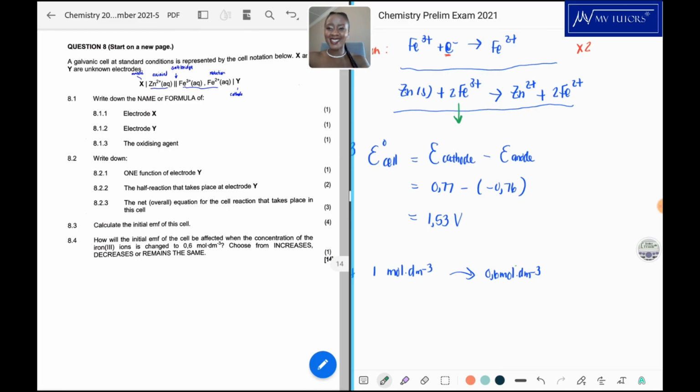If the concentration of your iron 3 plus ions reduces, according to Le Chatelier, your reactants will have to be increased for a new equilibrium to be reached. So our ions reduced in concentration, so it will then be reactant favored. The arrow there just means it will be reactant favored.